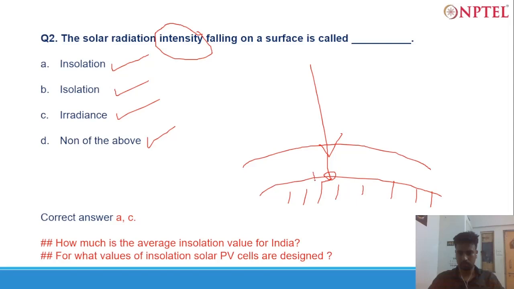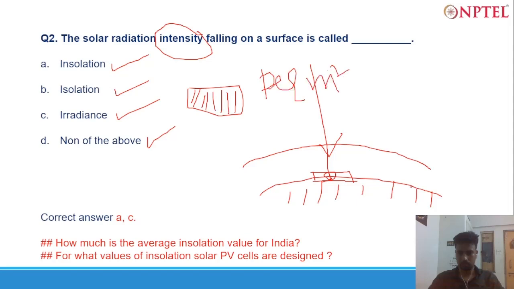But it receives per square meter. Intensity is divided by some specific units. We look for some specific areas. So that's how intensity is defined. So we look for per meter. What is the solar radiation received per meter square?